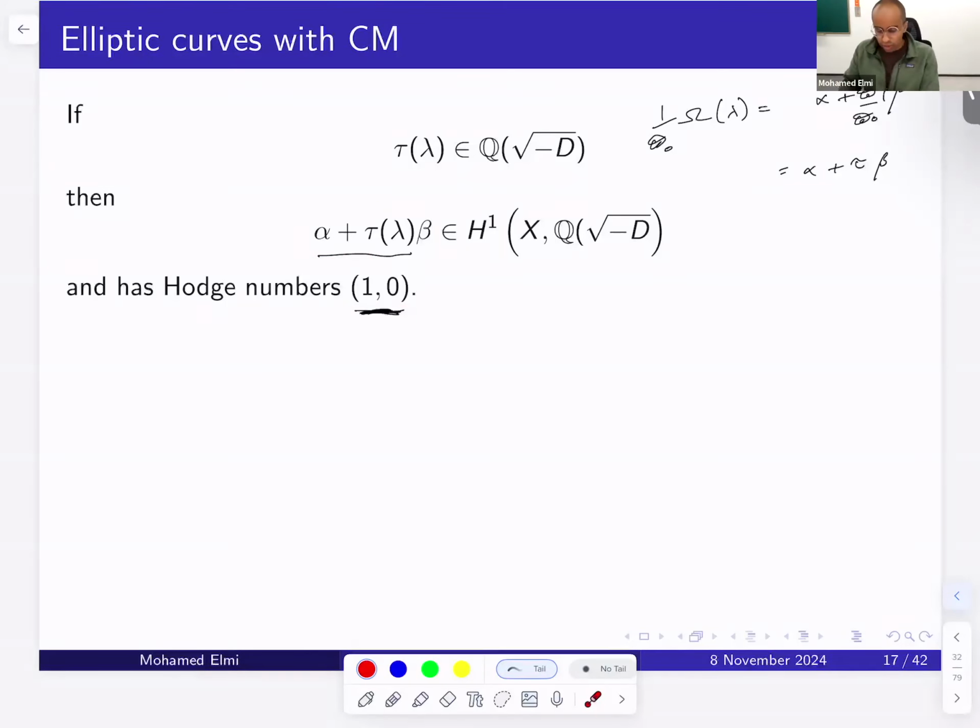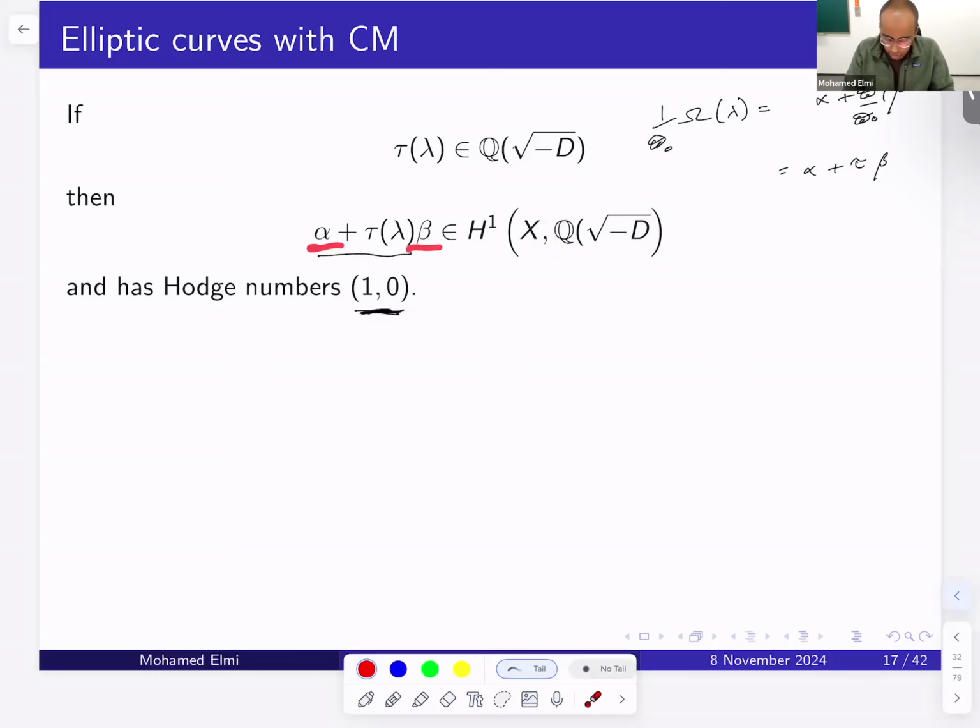The major difference between this case and what we were looking for when we were thinking about supersymmetric flux vacua is that here you have to use coefficients that are in Q(sqrt(-3)).